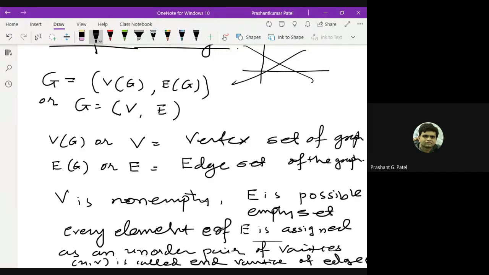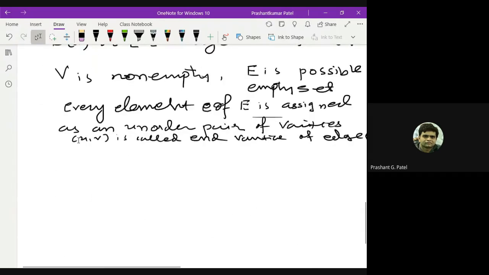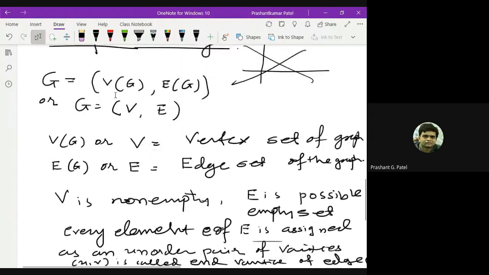So this e is called the edge, and u and v are the end vertices of that, and all this together forms a graph.